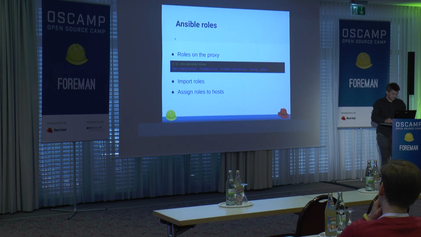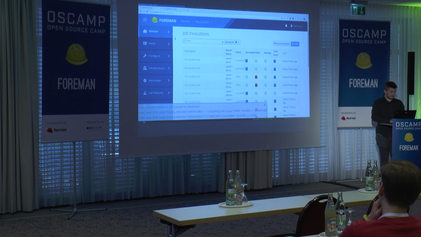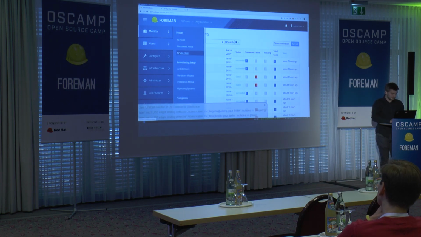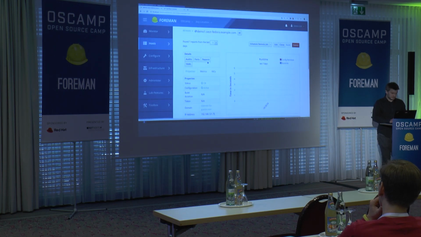Okay. So we have the roles now in Foreman. We know about our roles. So let's assign some roles to this host, right? And I would like to promote this host to smart proxy.